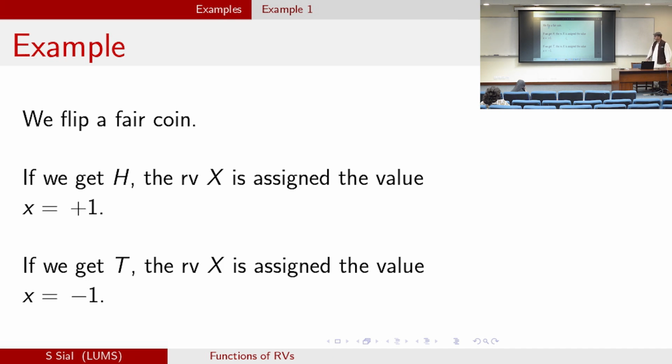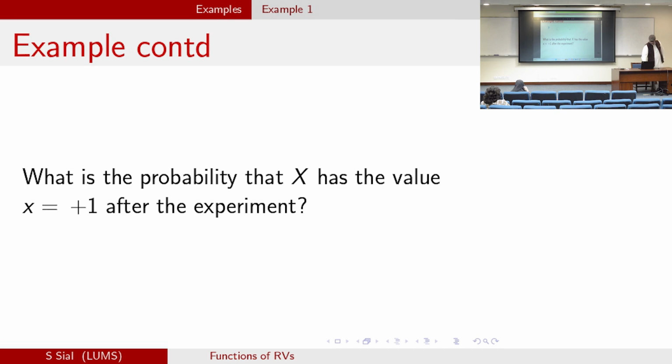So if we flip a fair coin, we assign the random variable x to take the value +1 if we get an H, and we assign the random variable the value of -1 if we get a T. All right, so let me ask you, after the experiment takes place, what's the probability that x is taking the value +1?